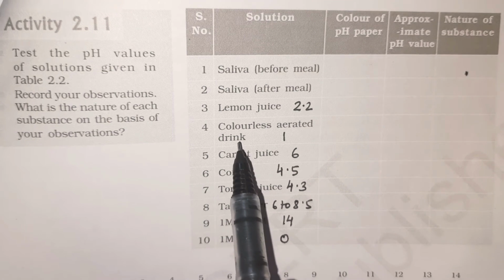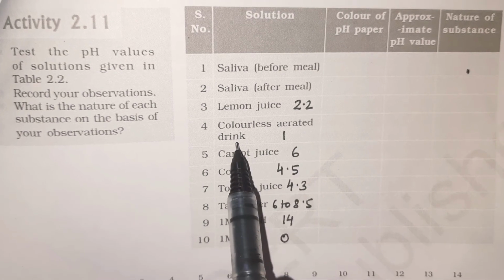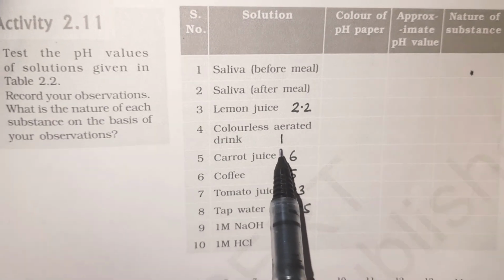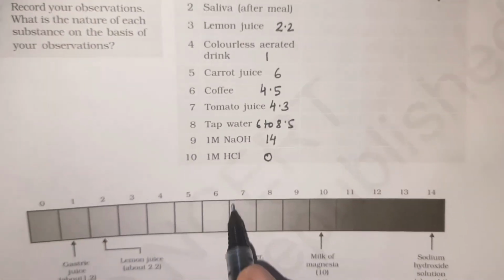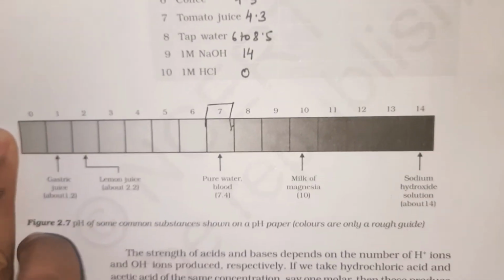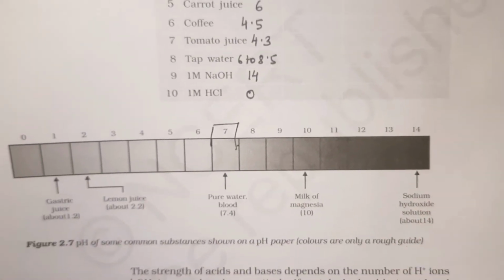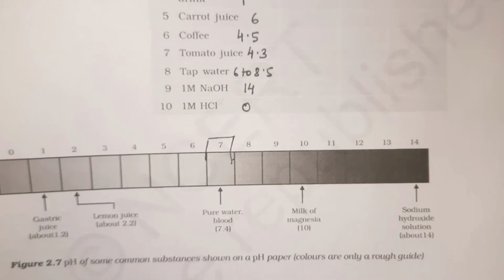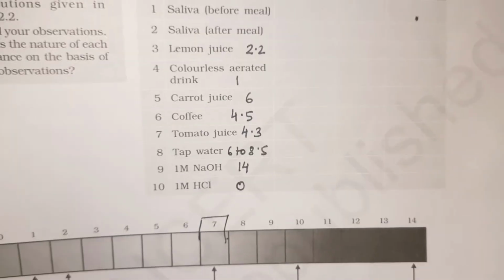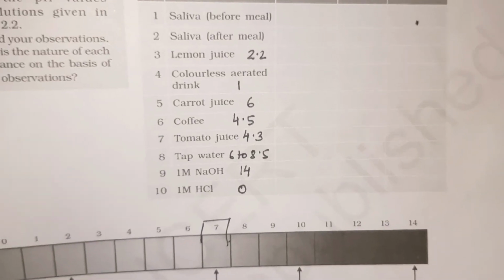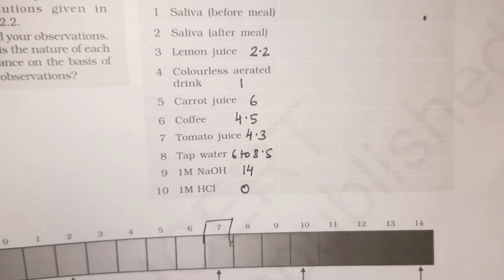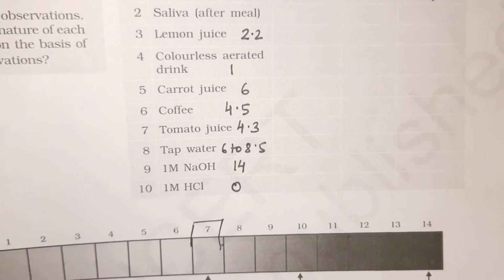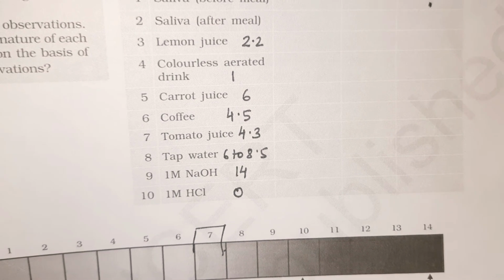Then we have colorless aerated drink, whose pH is 1. We know that 7 is neutral in nature, and towards this side is acidic and towards this side is basic. So colorless aerated drinks have the pH 1, meaning they are highly acidic in nature, like Limca, Sprite. Carrot juice is mildly acidic, its pH is 6.